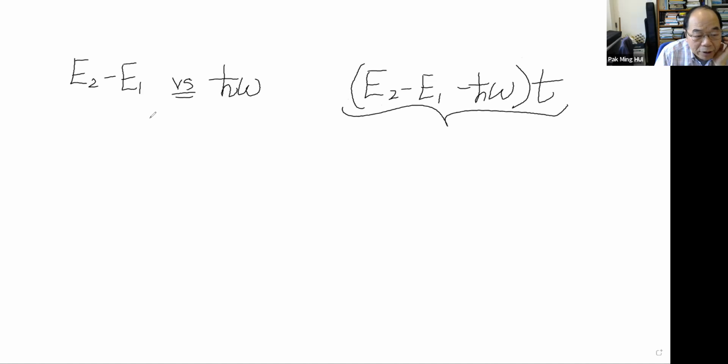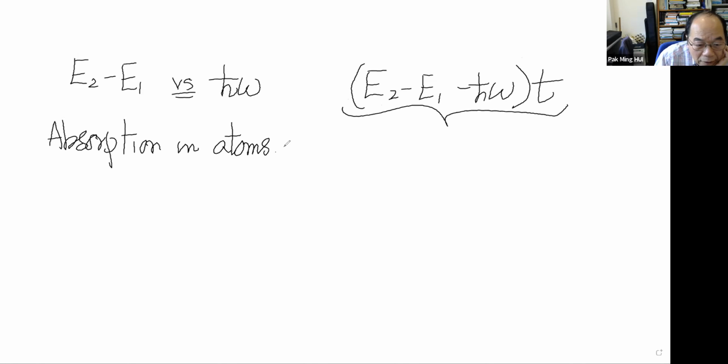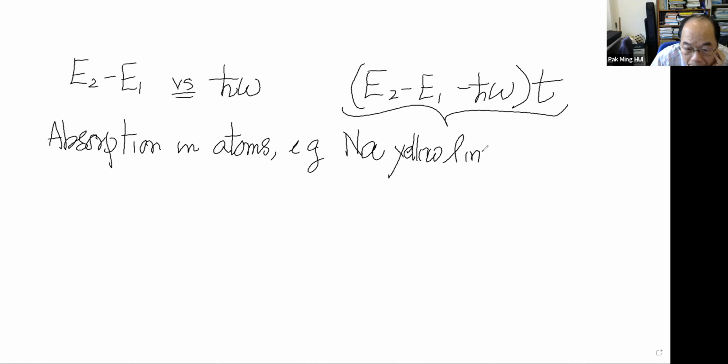Okay, now the point is that for absorption in atoms, for example, the familiar one you have seen in your previous lab is the sodium yellow line. So yellow is visible.